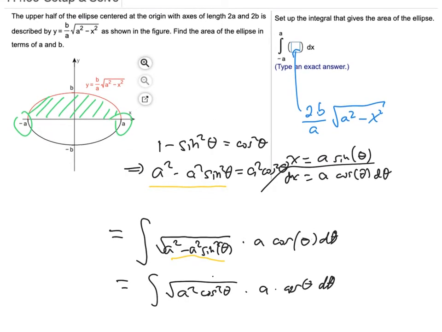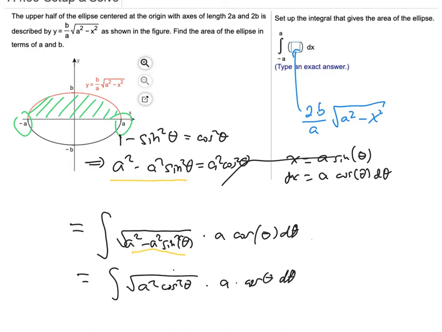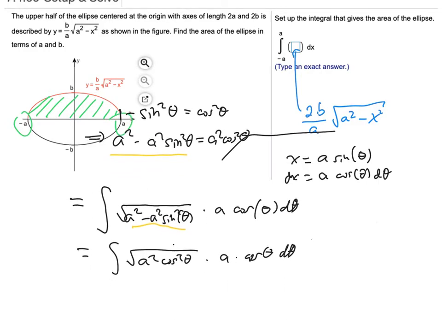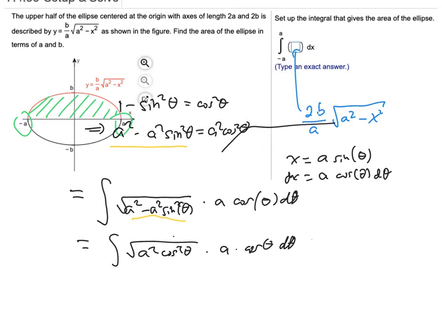So we move that up, we move that over, give myself a little more room. At this point, since I'm thinking about whether the thing under the square root sign is positive or negative before it gets squared, it's worth looking at the limits of integration. The original limits of integration were negative a to a, and in my integral, I really would like to convert those to be in terms of theta.